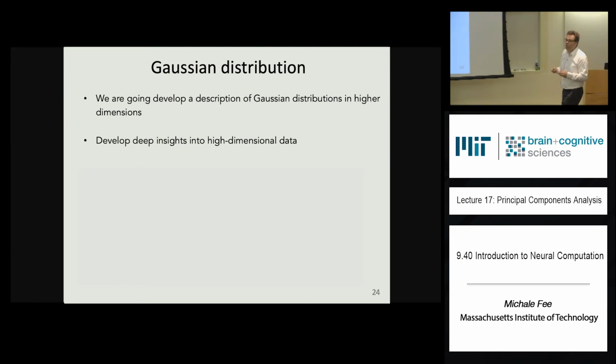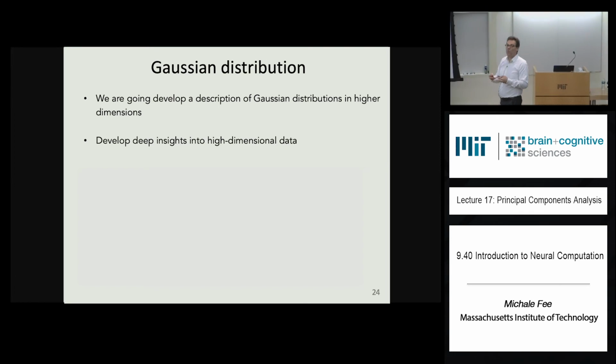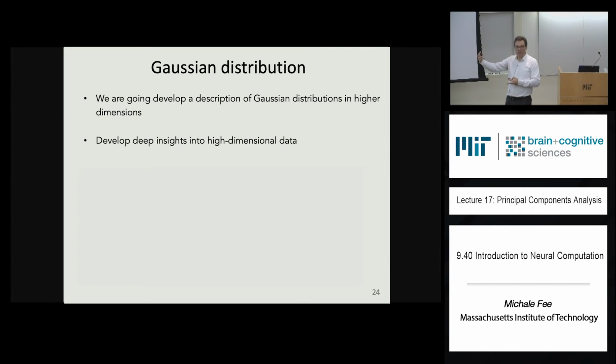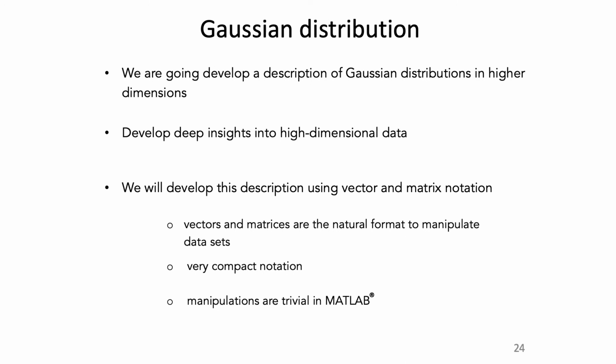Okay? And mostly because it just gives us an intuition about how to represent or think about data in high dimensions. Okay? All right, so we're going to get insights into how to think about high-dimensional data.